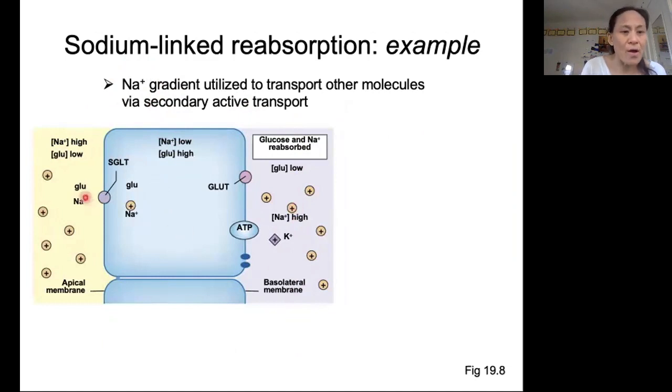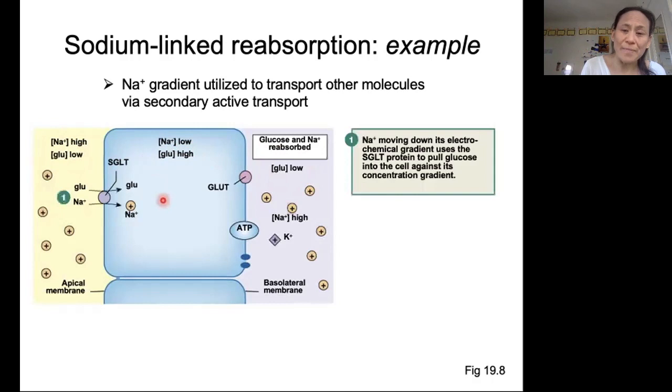I want to point out that glucose concentration is high inside the cell and it's low outside of the cell, okay? So taking a look at our first step here, we need to move glucose from the tubule lumen into the cell. We're going to be doing that against its concentration gradient, okay?